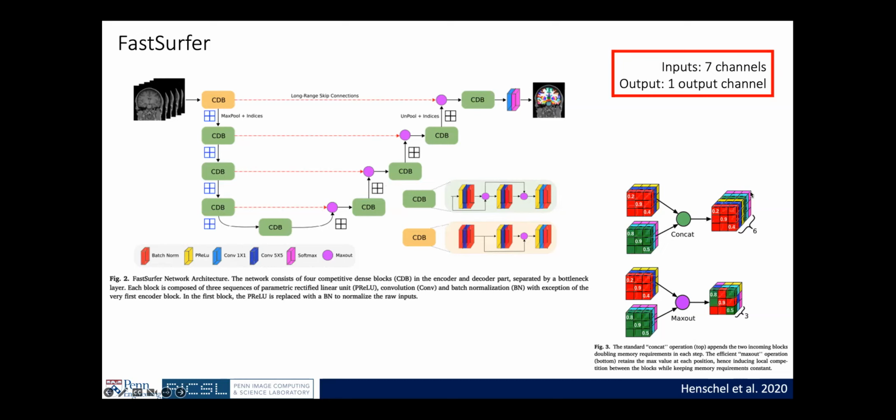You concatenate them, and then you get 6 channels. But in this particular paper, you have the 3x3x3 from both legs, and you just take the max at every particular voxel. So this is the third architectural change that we have seen so far, right?